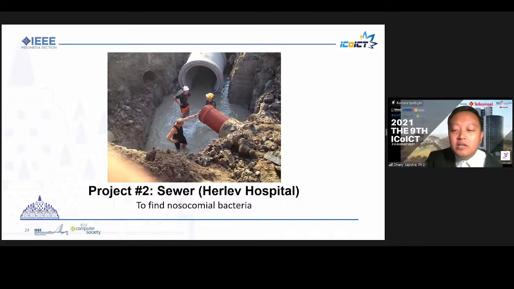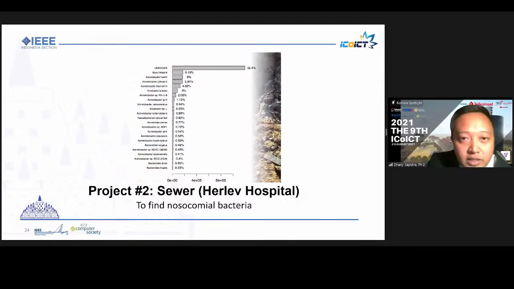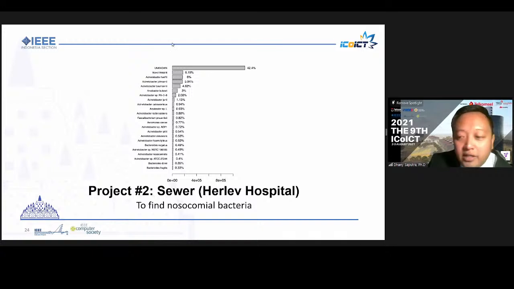That's why we have to detect what nosocomial bacteria are in the hospital. For example, we can get samples from the wall of the hospital, or the sewer is a more efficient one. So in this example, in a hospital, we found some bacteria, mostly ones causing watery diarrhea.